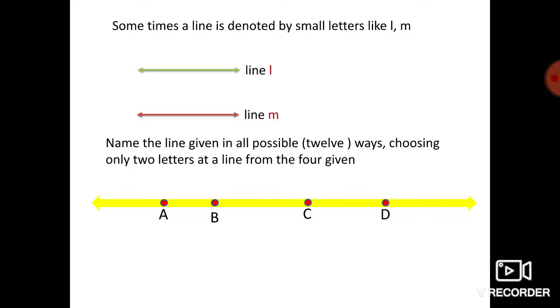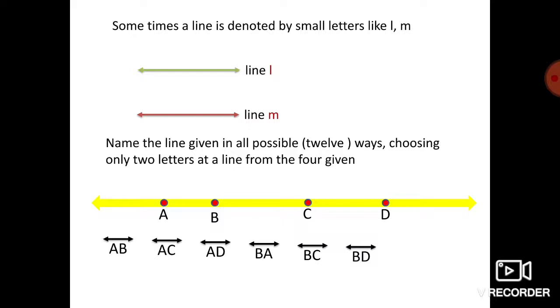See, we may call this line AB. Then line AC or line AD. Starting from the point A: AB, AC, AD. Next, we name it as line BA, line BC or line BD. Very simple.